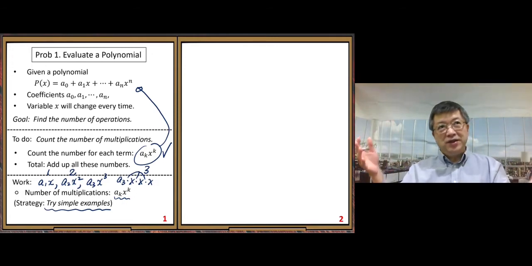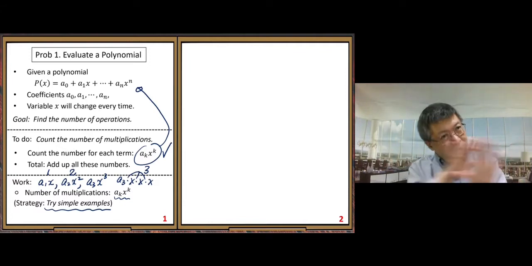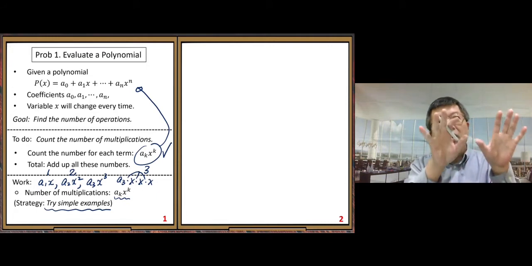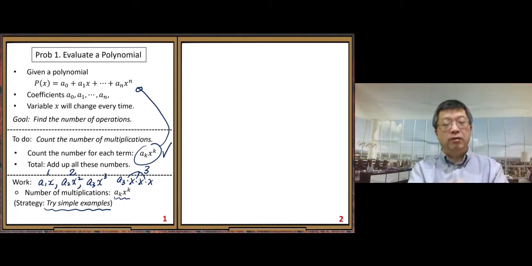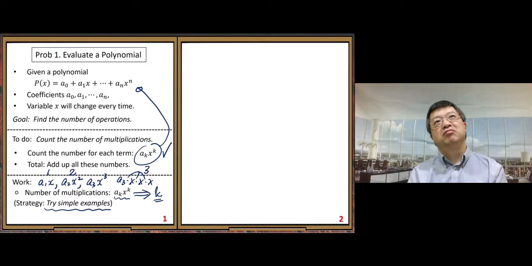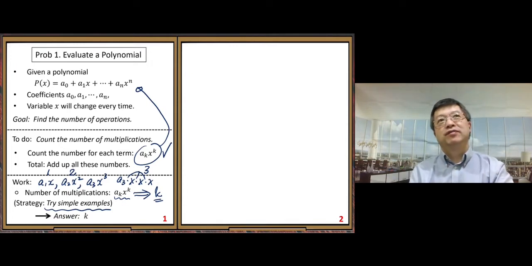I think you can use induction to get that answer because you found a rule. You observed a rule for the general term. The answer is k multiplications. So that's simple. So our answer: k multiplications for each general term.